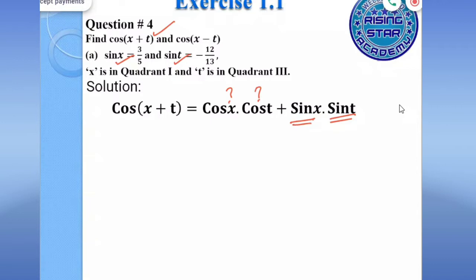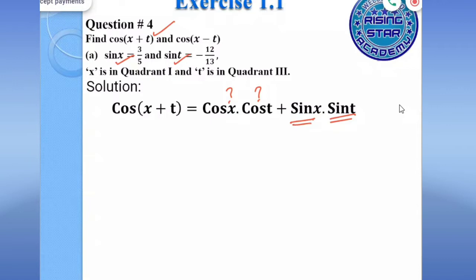So we have 2 possible approaches to find these values: either we can use the identity method, or the quadrant method, or you can say the ratio method. I will tell you both methods to find the results for cos x and cos t.